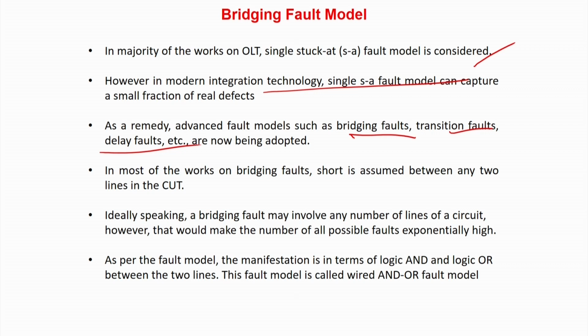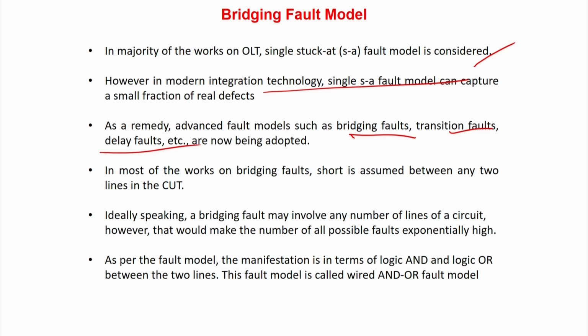Very interestingly, we will find that if you cover the advanced fault models, stuck-at fault models automatically get covered. That is, stuck-at fault models are a smaller set and these advanced fault models are the bigger set. If you study only stuck-at faults, you are leaving some outer space, but if you cover the advanced faults, everything else gets covered. Those are the philosophies we will try to develop.